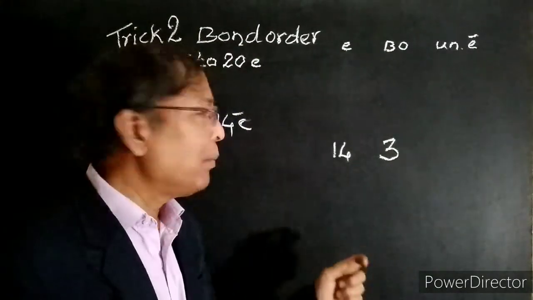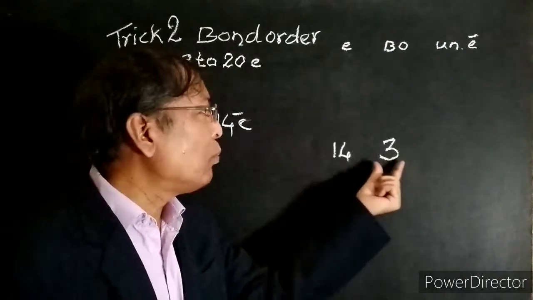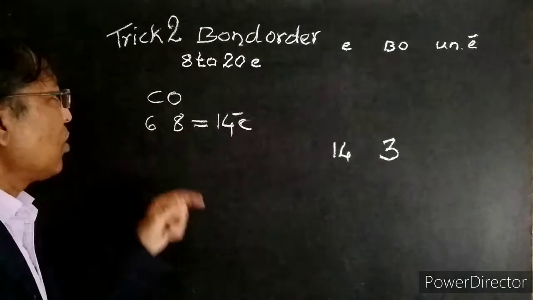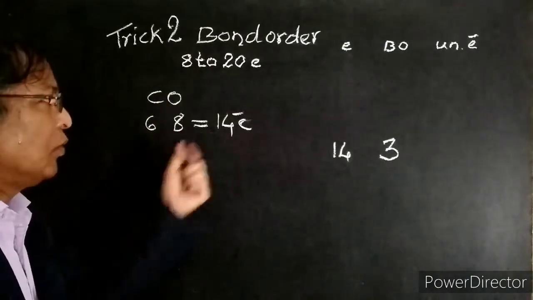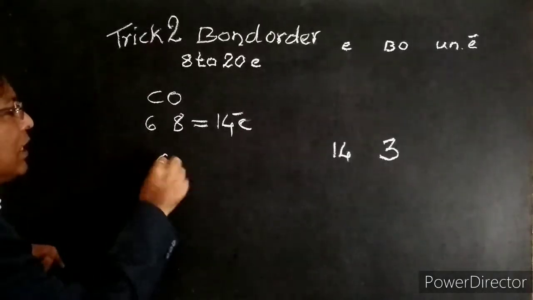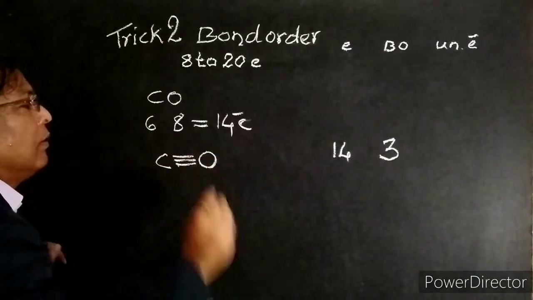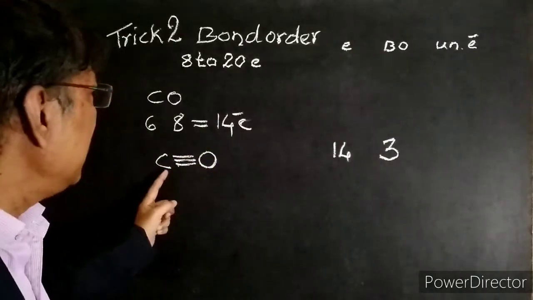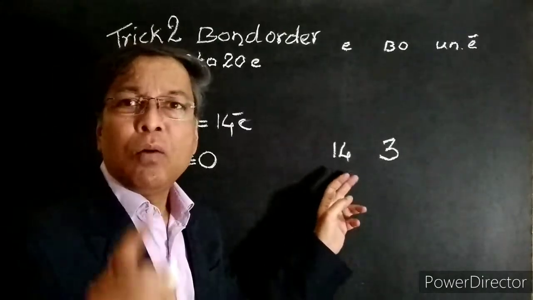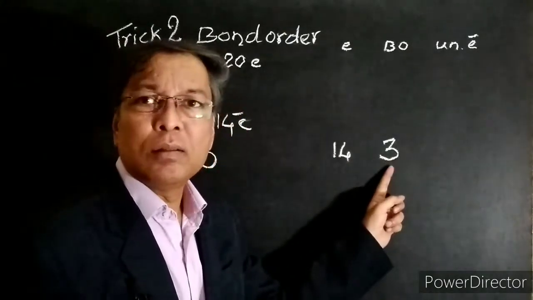For example, in carbon monoxide, the number of electrons is 14, therefore the bond order in carbon monoxide is 3. Therefore, the carbon monoxide molecule has the structure C triple bond O. So we have to remember only one number: 14 electrons means bond order 3.